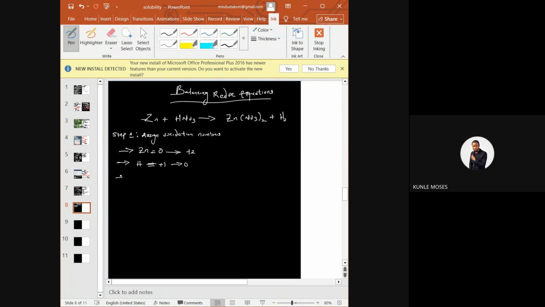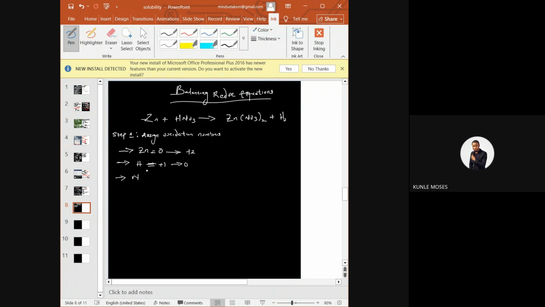What about nitrogen and oxygen? They are radicals, NO3 to NO2.